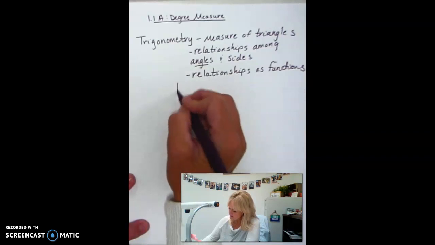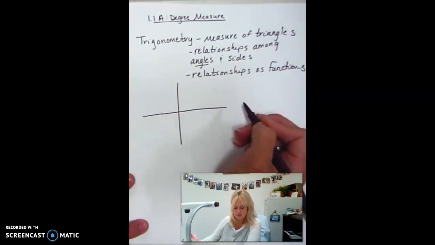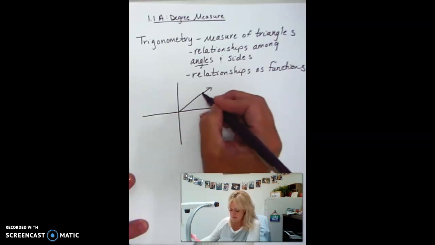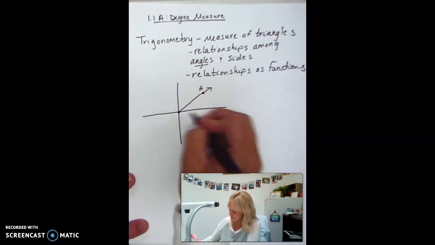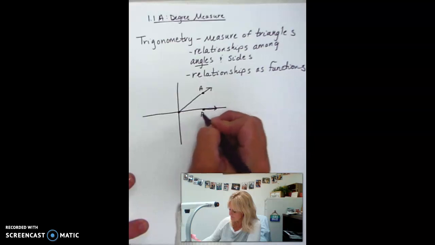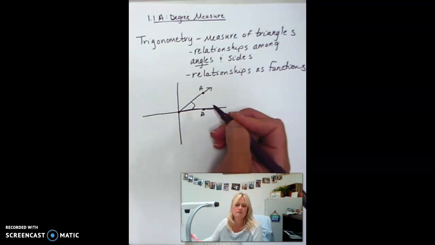So if we take our basic 90-degree grid or coordinates, and if I were to sketch this angle right here and label it angle A, B, what degree measurement would you estimate that to be?